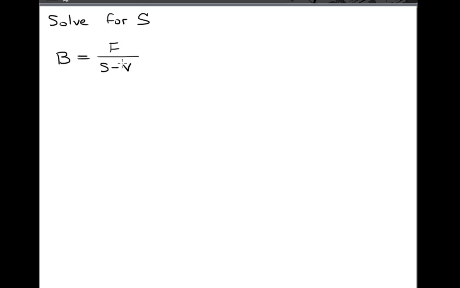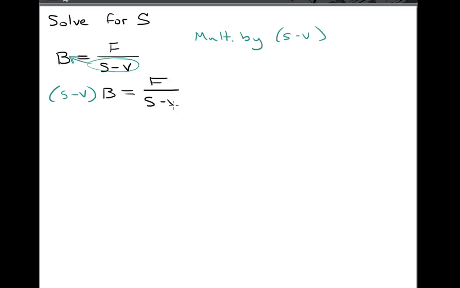What I'm going to do is take s minus v and pop it over to the other side. We'll do that by multiplying everything by s minus v. So we'll have s minus v times b, and that's going to be equal to f divided by s minus v times s minus v.